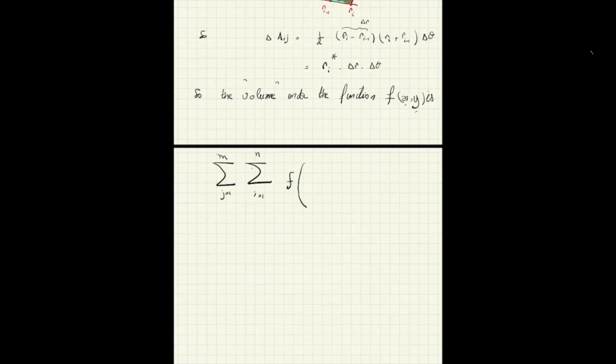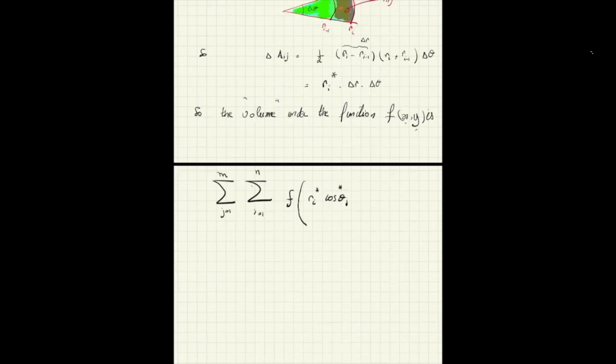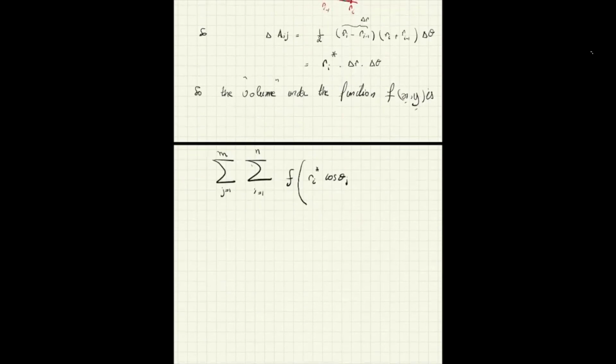So x of that middle point is r_i star cos of theta_j star, you remember these two here, and y is r_i star sine of theta_j star, right?